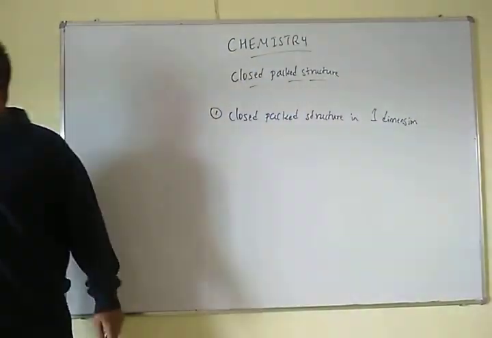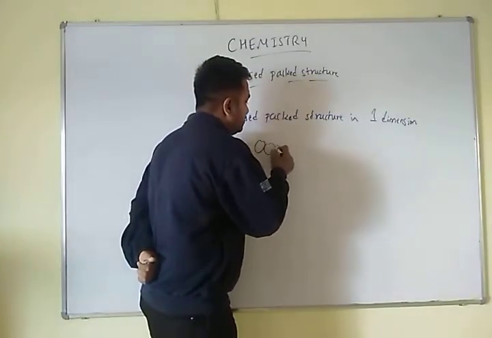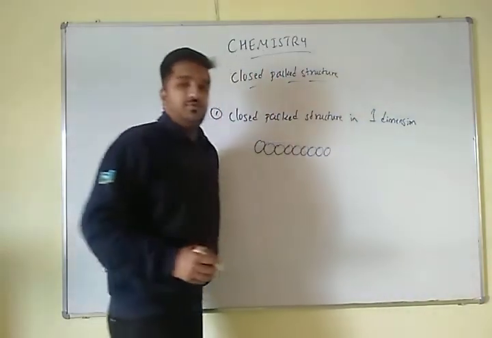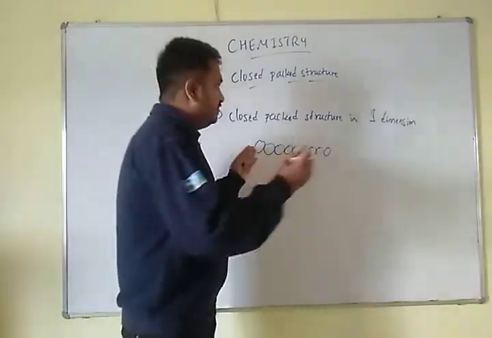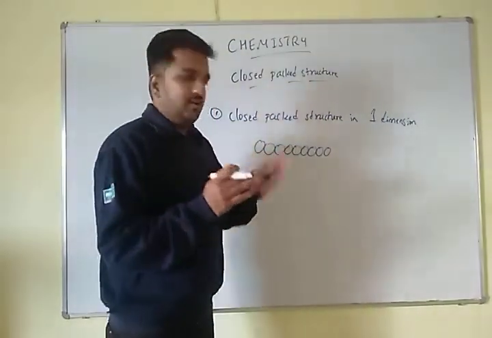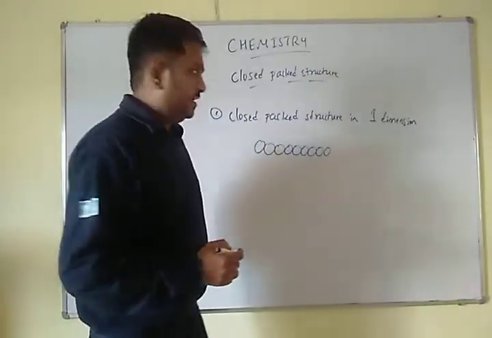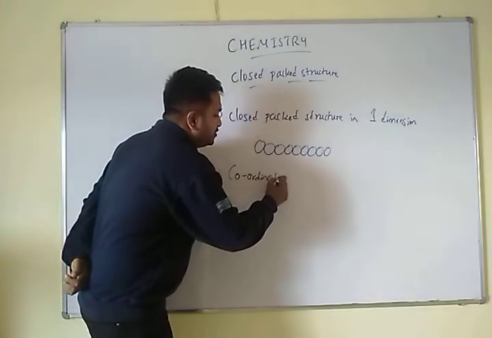So in this case, we are arranging the spheres in the form of a row. Clear? So these are the hard identical spheres, that is the constituent atoms. These are close enough. We are taking only one dimension, either horizontally or vertically. And here we introduce a new term called coordination number.